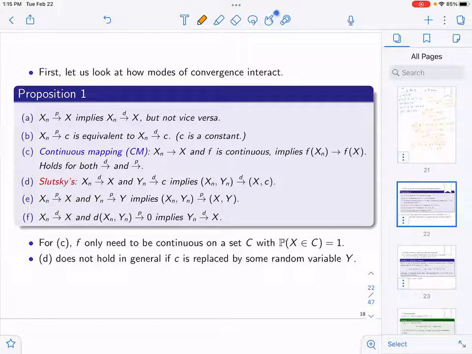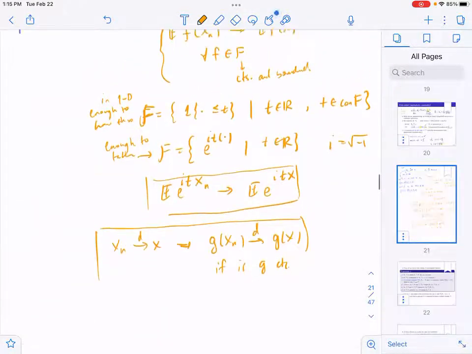Then we have the continuous mapping theorem: if X_n converges to X and f is continuous, then f of X_n converges to f of X. This holds for convergence in distribution and convergence in probability. I mentioned the proof for convergence in distribution using this simple characterization.